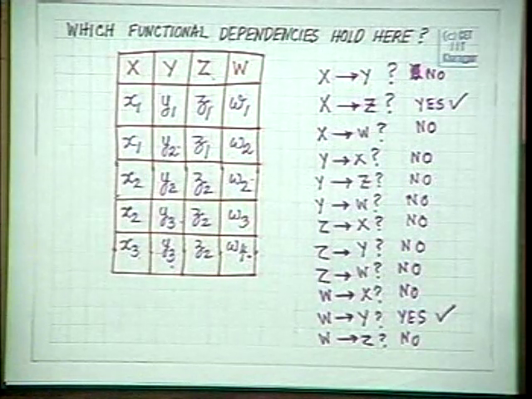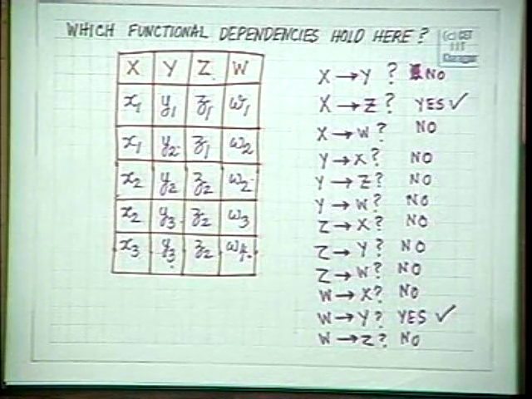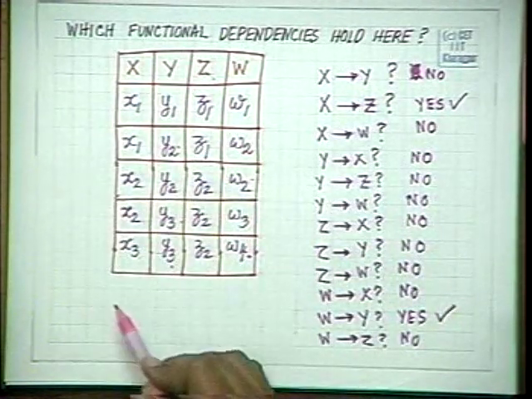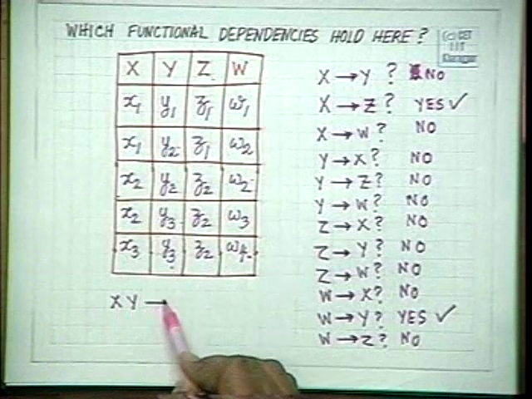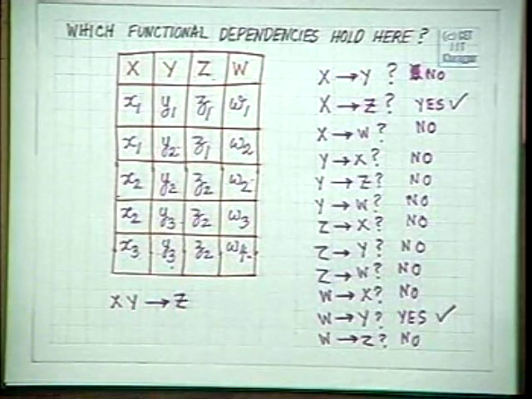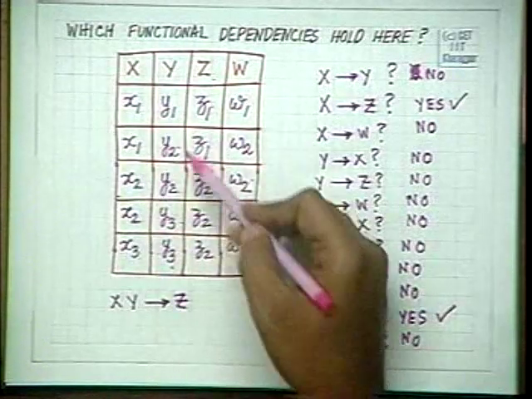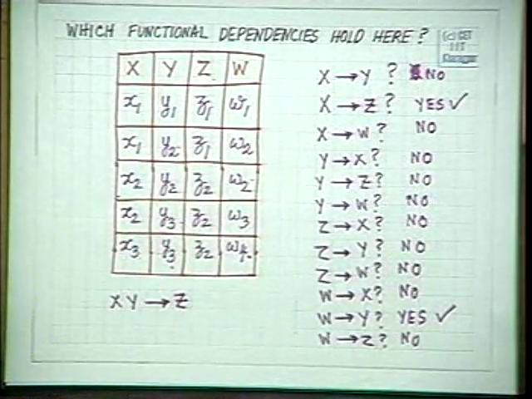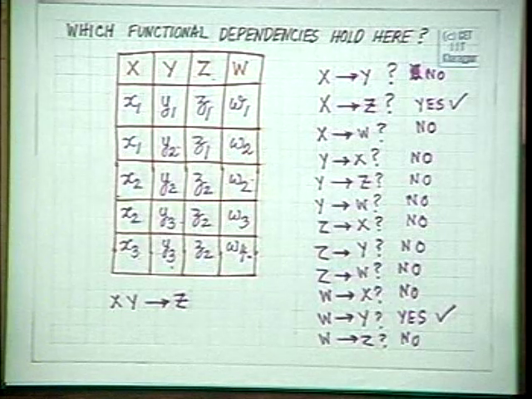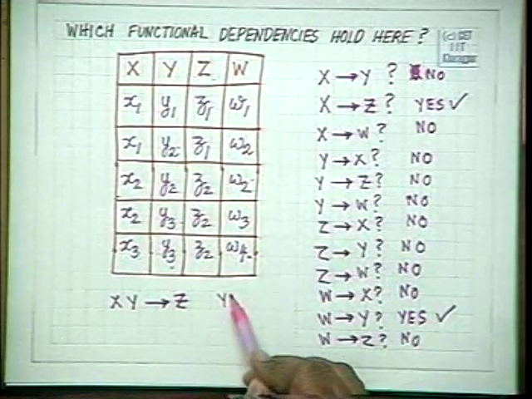We can always say x and y give z, because that is not violated. This is not violated, because there are no tuples with the same value of x and y. So we will say this holds.